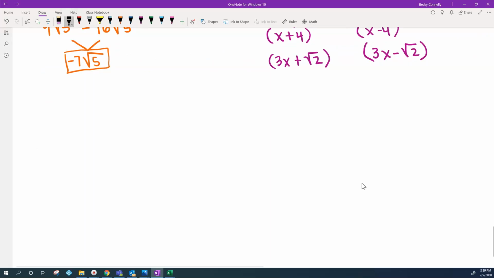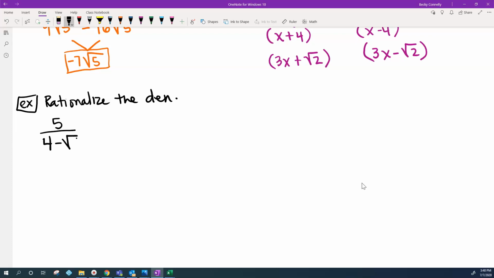So if we're asked to rationalize the denominator and it has a binomial, okay, so rationalize the denominator, and it gives you something like this: 5 over 4 minus the square root of 5.